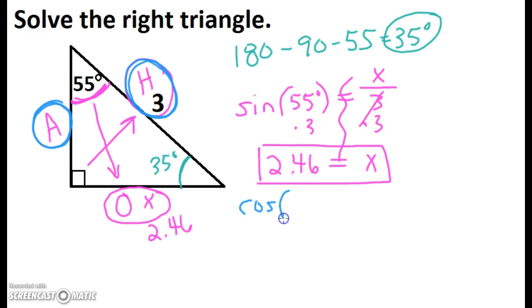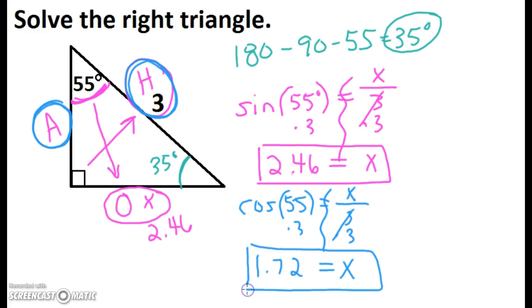The cosine of my angle, which is 55 degrees, is equal to A over H. Well, A is what I'm solving for, so I'm going to put an X there, over H, which is 3, and then you just solve. So you multiply by 3 on both sides. You get X is equal to the cosine of 55 times 3. I get 1.72.